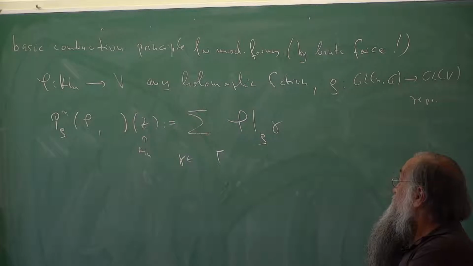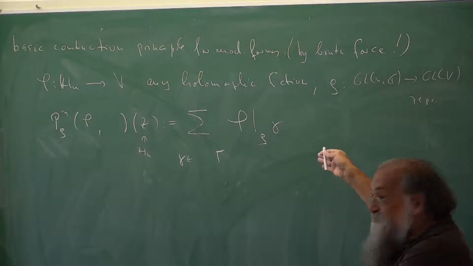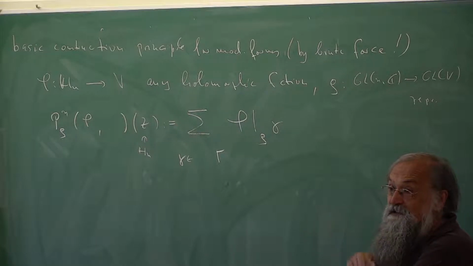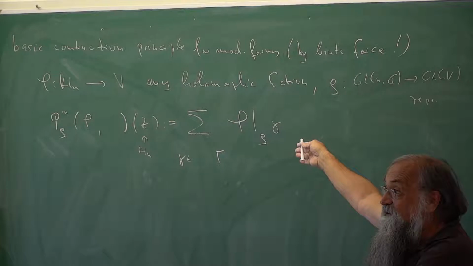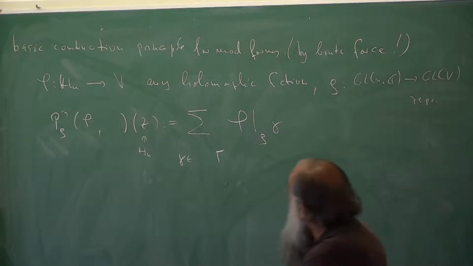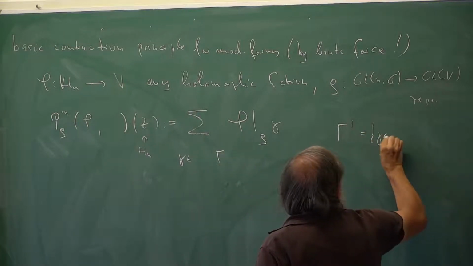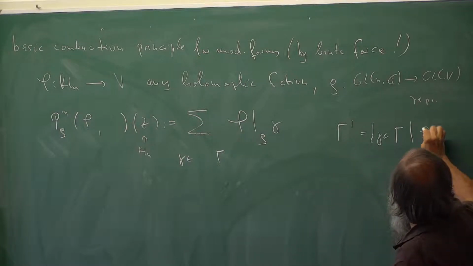But the problem will be convergence, depending on our function phi. Certainly we cannot satisfy convergence if infinitely many terms coincide, if phi is already invariant under some subgroup. So we should divide out the subgroup for which phi is already invariant.